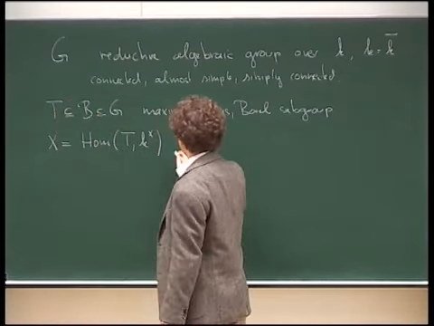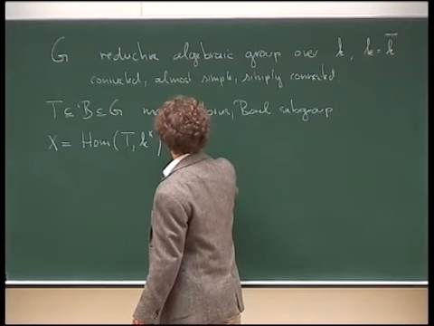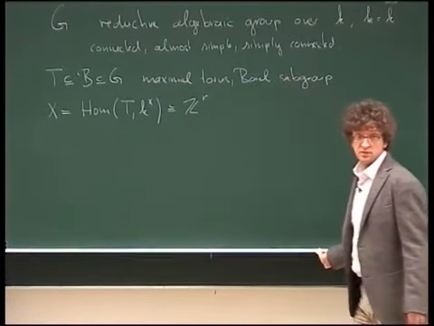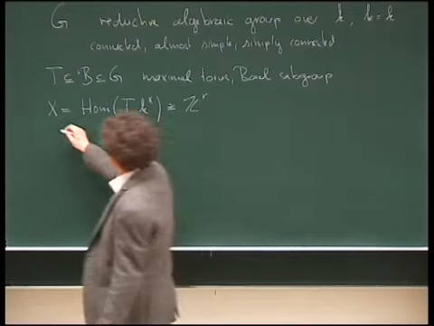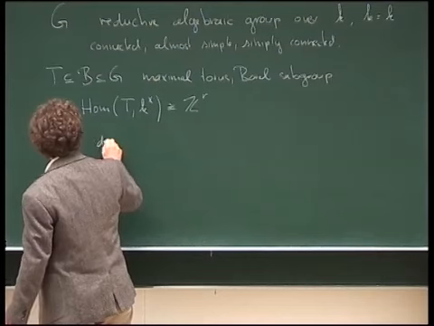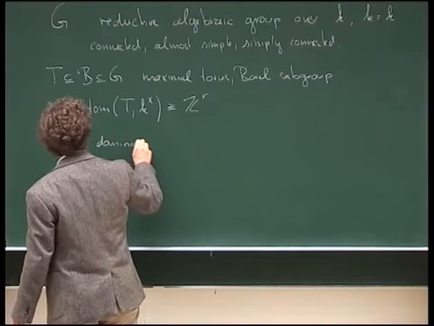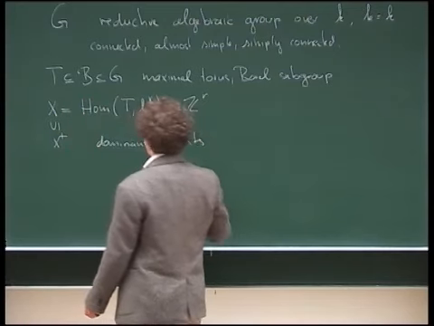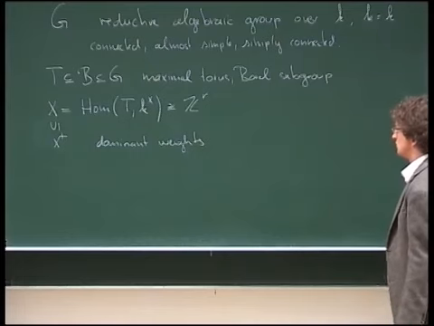So this is a lattice. Our choice of the Borel subgroup identifies the dominant weights here. These are the dominant weights. They depend on the choice of the Borel subgroup.